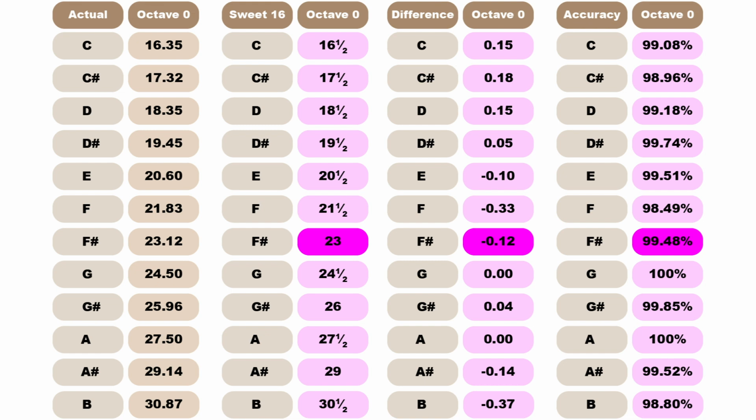So it's 16.5, 17.5, 18.5, 19.5, 20.5, 21.5. And then F sharp 0 is 23. And then everything goes up by 1.5 from there. So 23 goes to 24.5, which goes to 26, which goes to 27.5, which goes to 29, and then 30.5, okay? It's pretty close. It's slightly less accurate than the full 350 method, but it's faster.